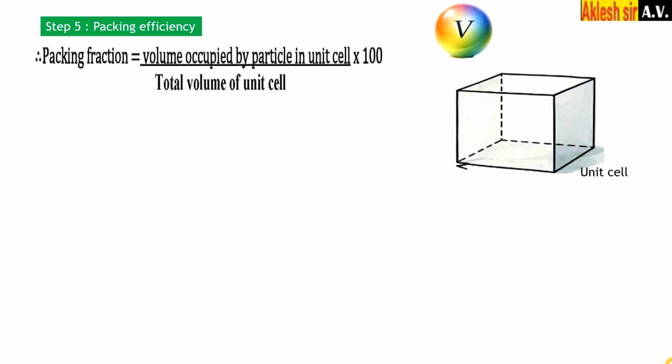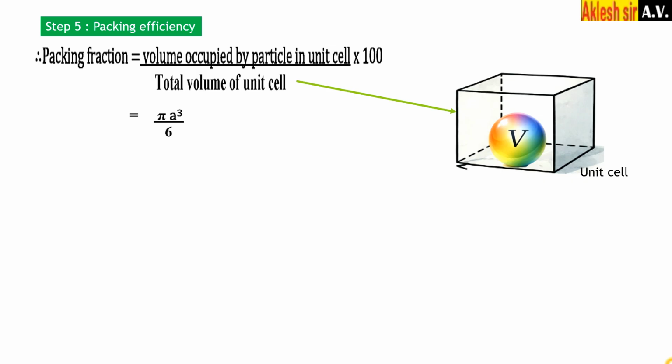Step 5. Packing efficiency. Packing fraction is equal to volume occupied by particles in unit cell divided by total volume of unit cell, multiplied by 100. Now substitute the values. Volume occupied by particles is pi A cubed divided by 6, and total volume of unit cell is A cubed, multiplied by 100.